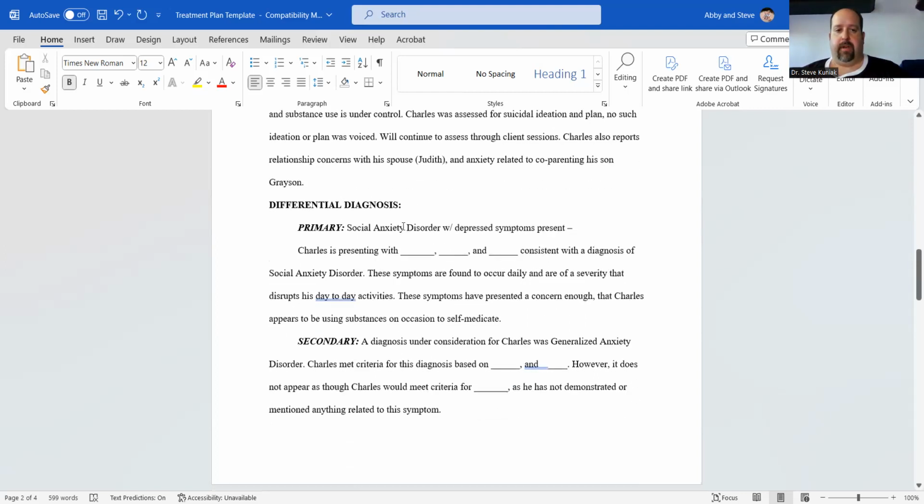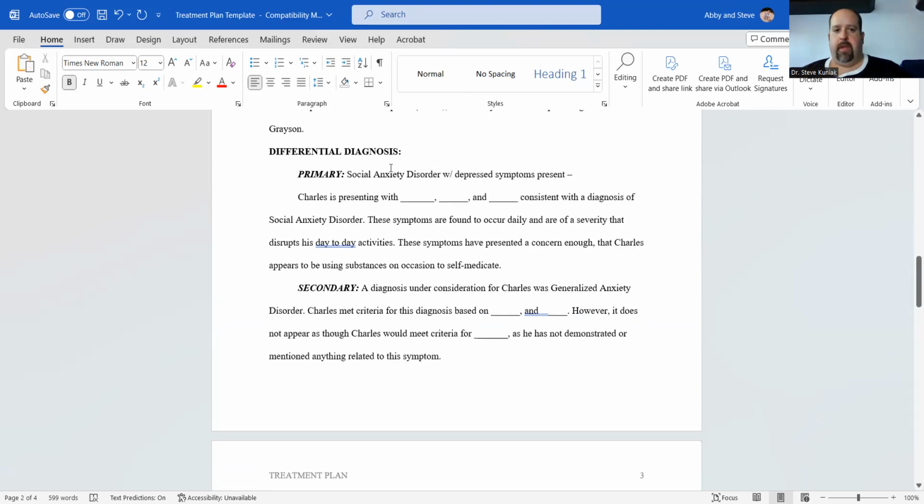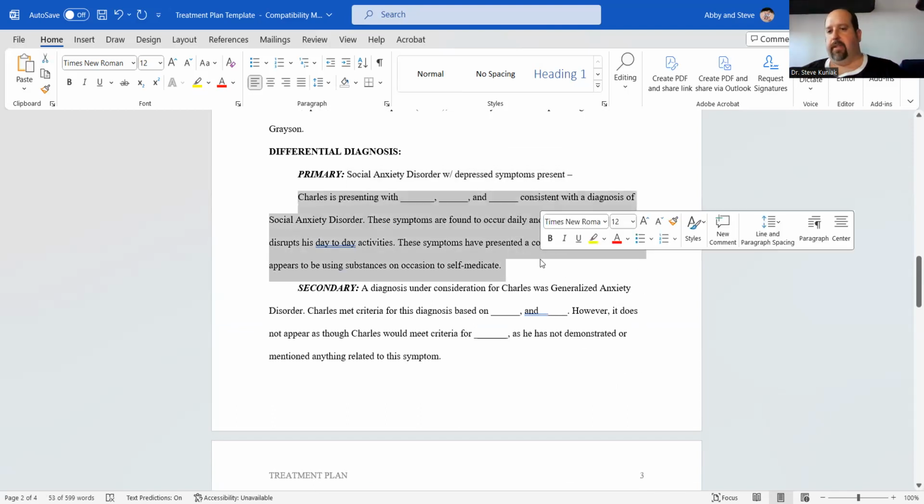And so this differential diagnosis section, you should have a primary and either secondary or differentials or however you want to list them. But go through just like you were doing in the note, give me the diagnosis, but then also give me your rationale for that diagnosis.